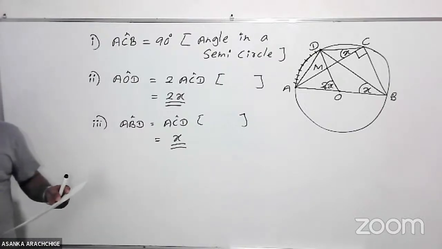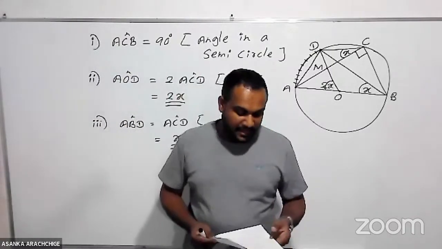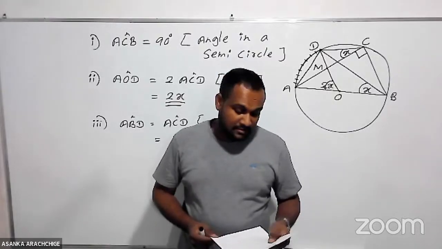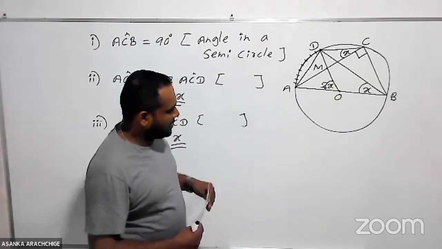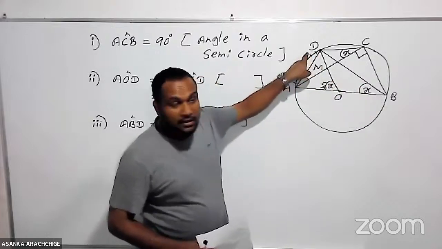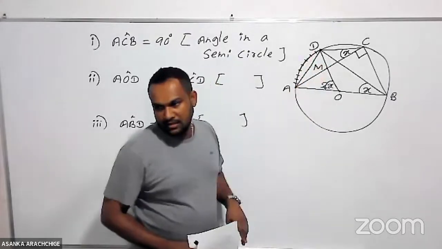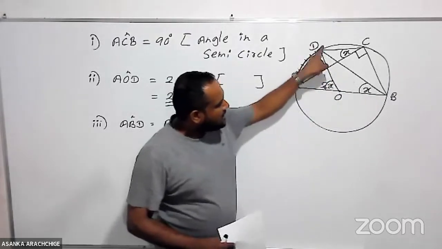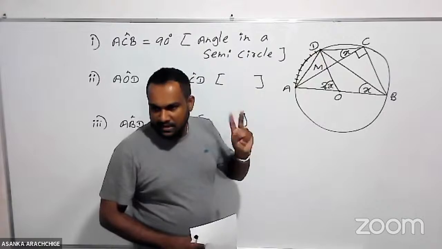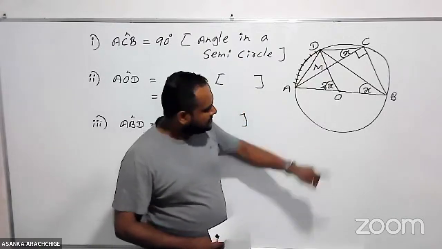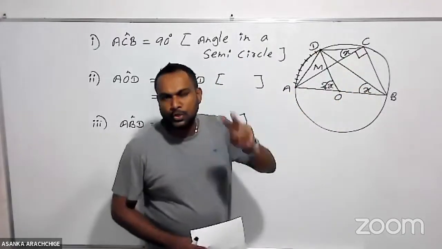And problem number 4. There is a little mistake in the paper, a typing mistake. That should be corrected like this. If BD bisects the angle ABC, that means the line BD divides the angle ABC exactly into two equal parts.